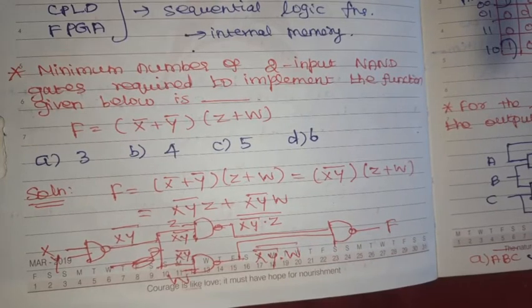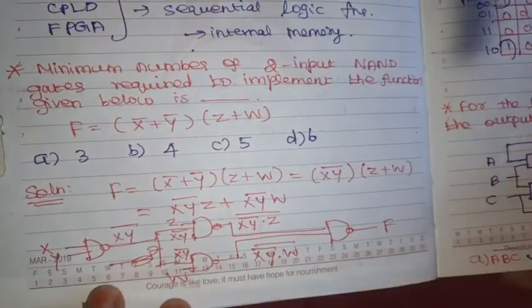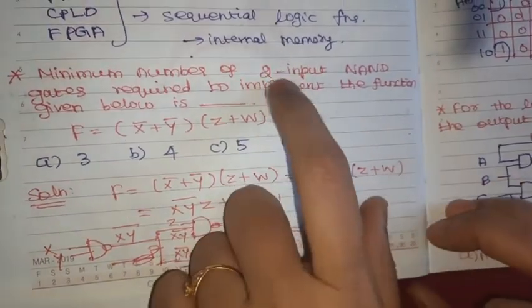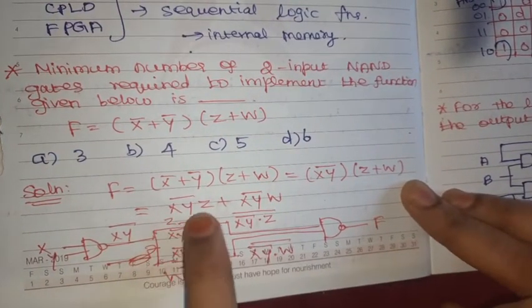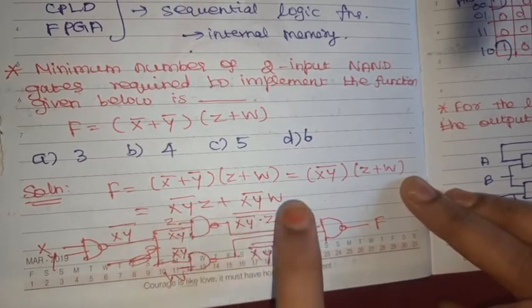Now we are going to find out the number of NAND gates required. That is also 2 input NAND gates, having only 2 inputs. We have 4 variables: x, y, w, z.